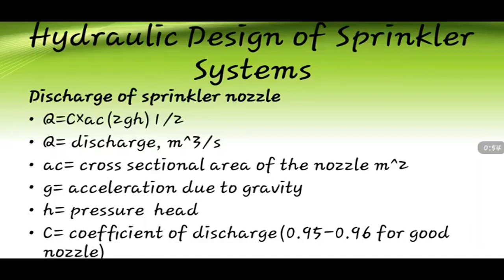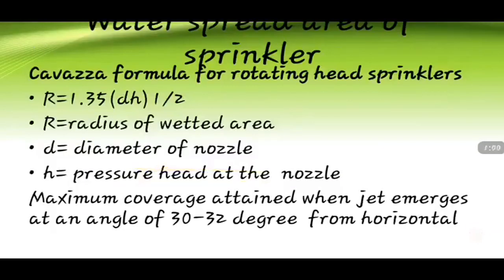Water spread area of a sprinkler. From the Kawasa formula for rotating head sprinklers, the radius is equal to 1.35 times the square root of the diameter of the nozzle times the pressure head of the nozzle.